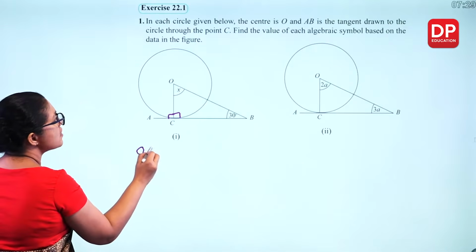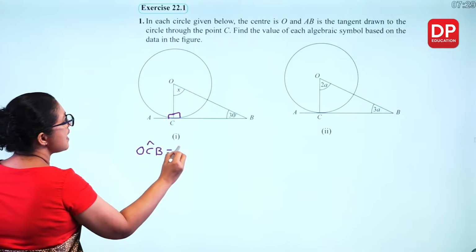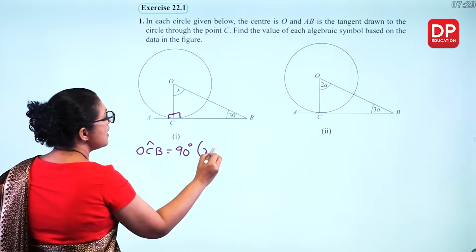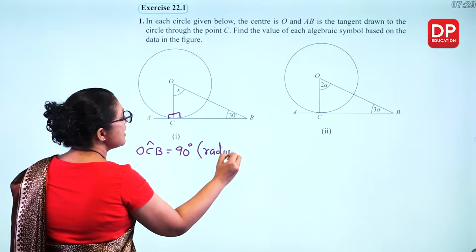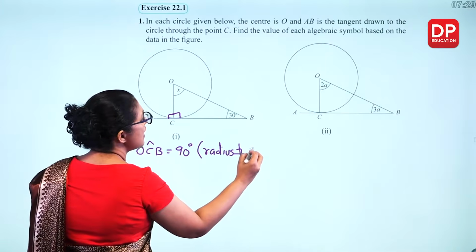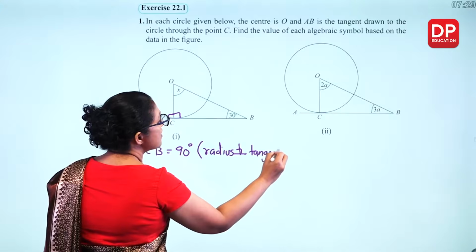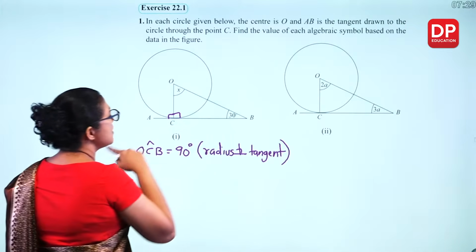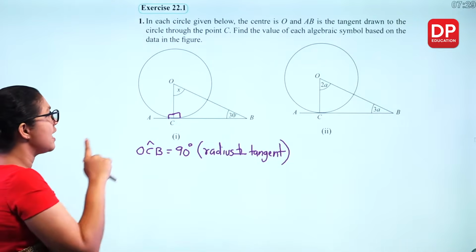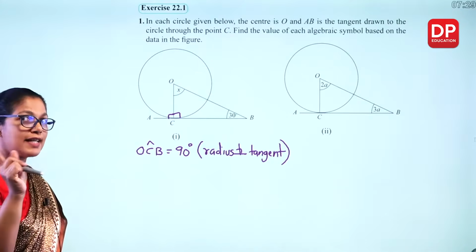First you can write OCB angle is 90 degrees according to the theorem. Radius is perpendicular to the tangent, and it's only at the point of contact, not any radius is perpendicular to the tangent.